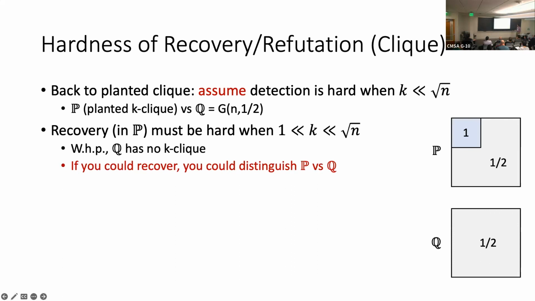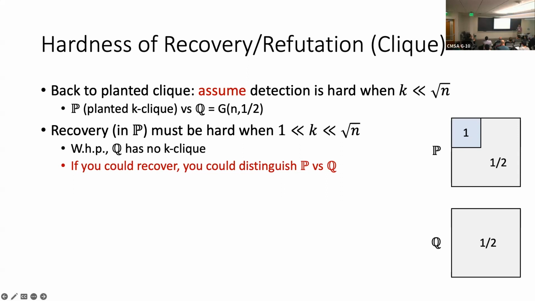So why is this? Well, here's a picture of the planted distribution with the clique in it. Here's the null distribution with no clique. So this one has a k clique by design. This one does not, with high probability. And so if you could do recovery in this distribution, then I claim that this would allow you to distinguish which case you're in.